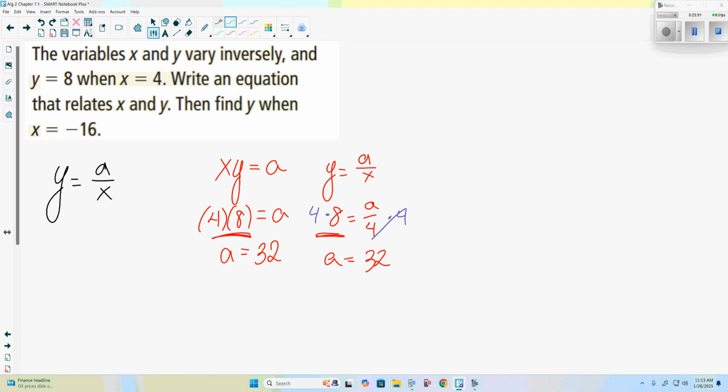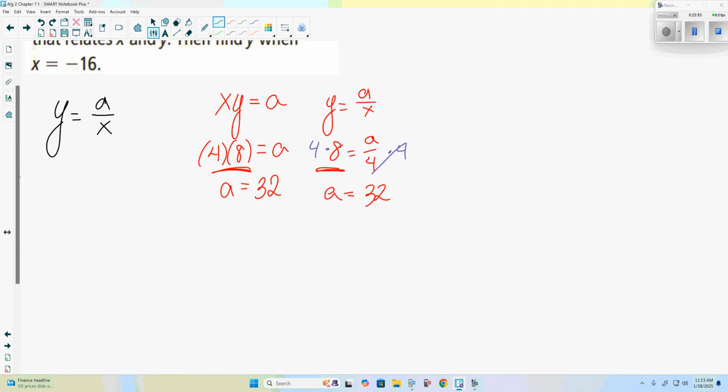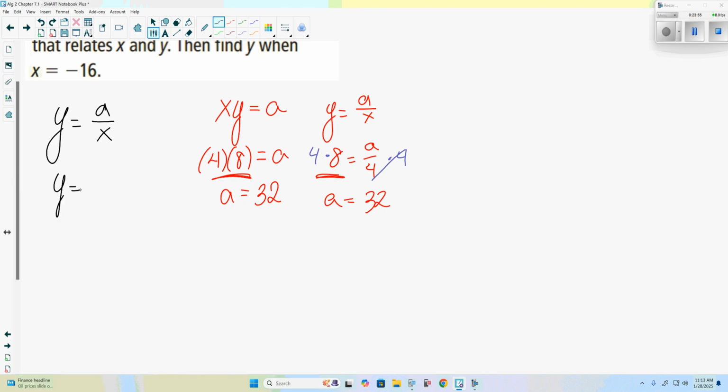So what that tells us is the equation y is equal to 32 over x. That's the first half of this problem. On the graphing calculator, fractions are alpha, y equals enter.